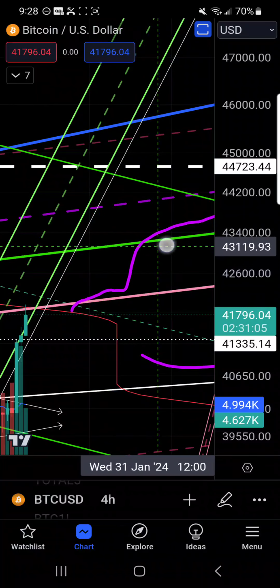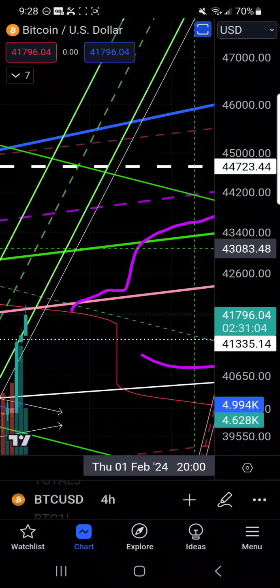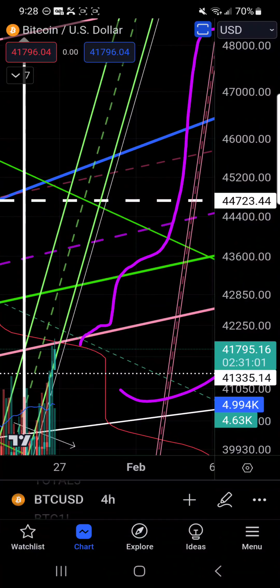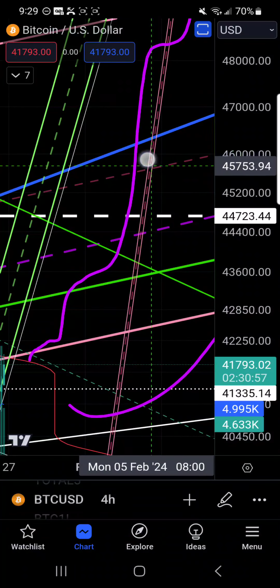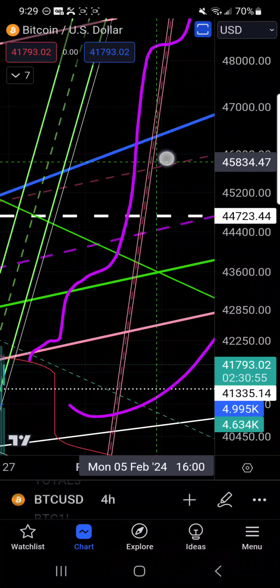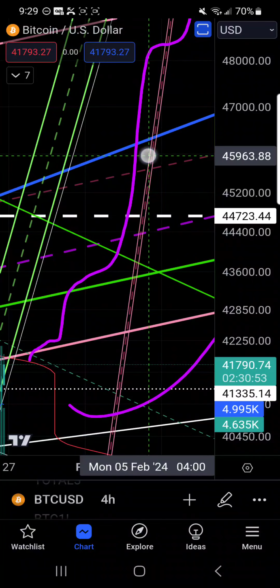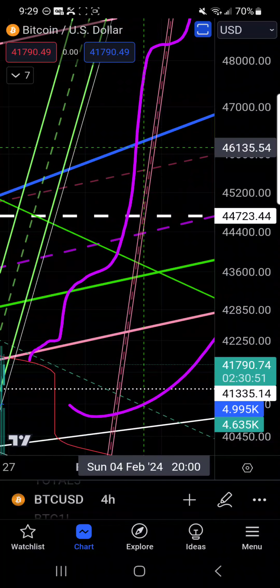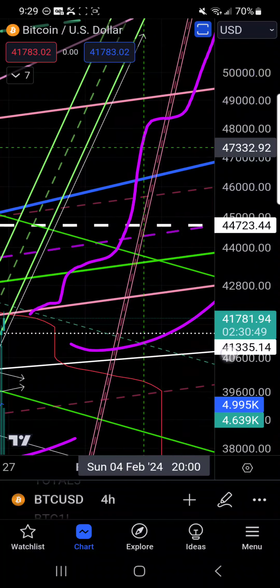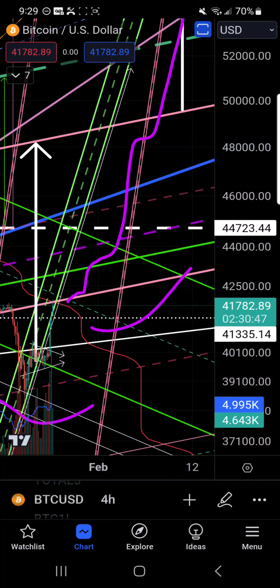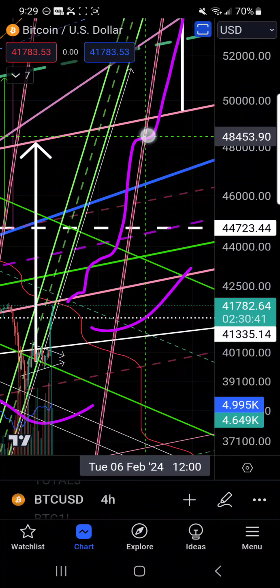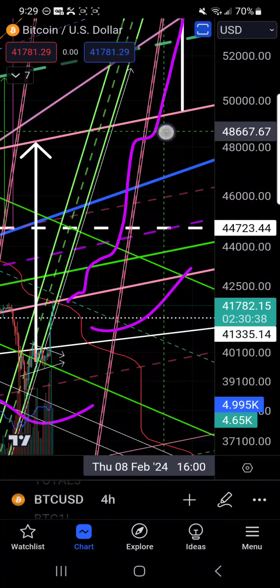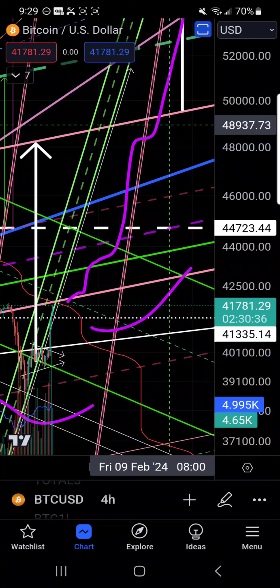I don't know how long we're going to stay here, and then move onwards and upwards. I didn't draw it right, but probably also struggle around this area here, which is the top of our blue, or bottom of our blue parallel channel. And then to the top of our pink parallel channel up here and meet that as resistance.